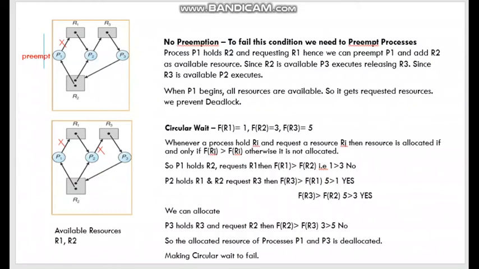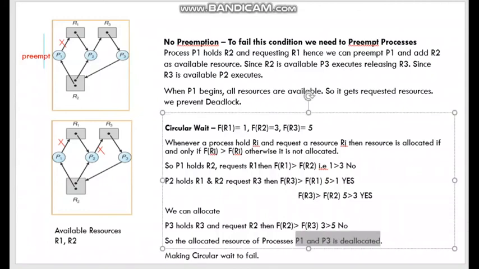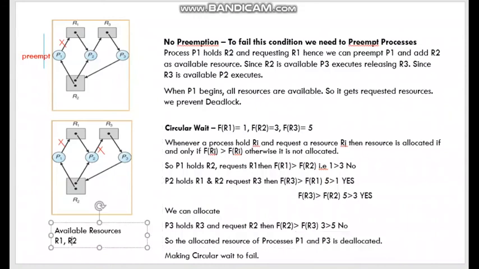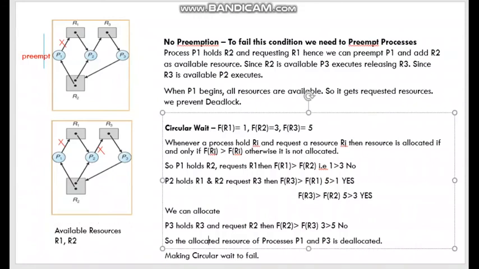No, so I cannot allocate for process 3 either. So we can allocate only process 2. Either I preempt P1 or P3 such that the circular wait is broken. The moment processes 1 and 3 are deallocated, the resources R3 as well as R2 become available. So P2 executes, after that P1 and P3 get executed. So we can break the circular wait.